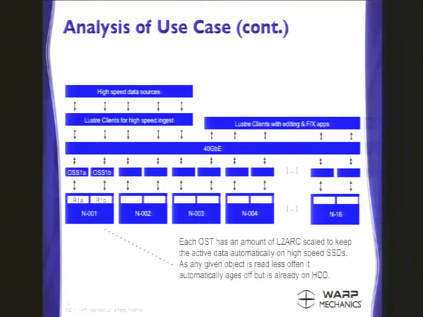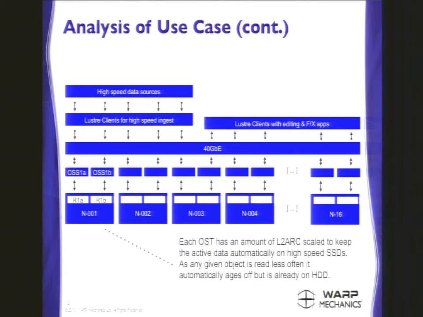Okay, so the full system looks like this. High-speed data sources, movie cameras, things that don't have Lustre clients. I would like it if movie cameras had Lustre clients, but they don't. So those have to go through Lustre client gateways to write into the file system.